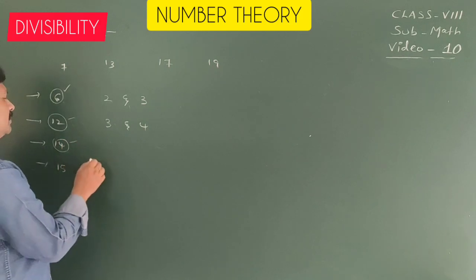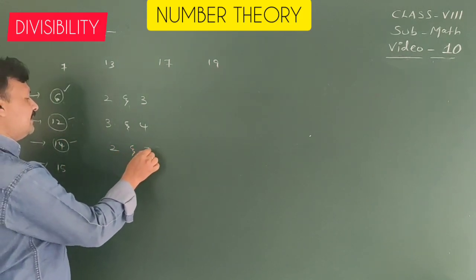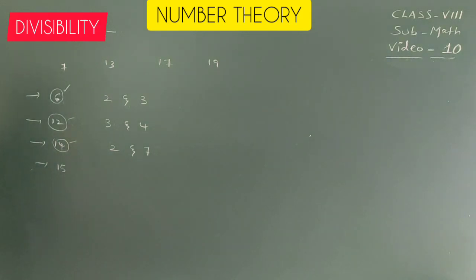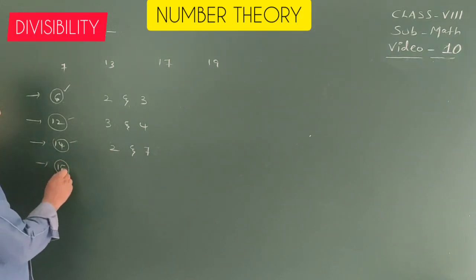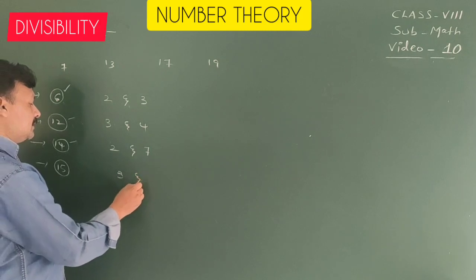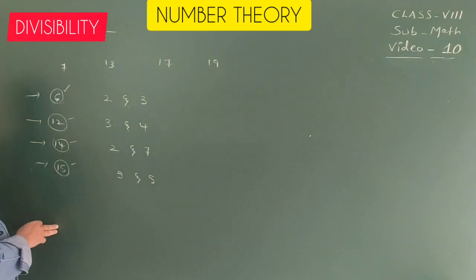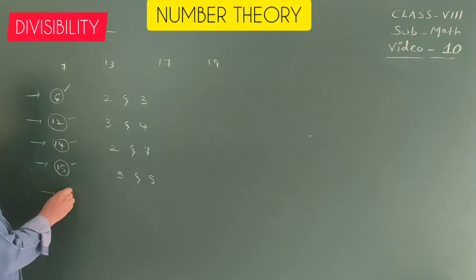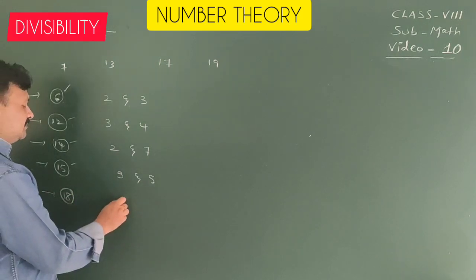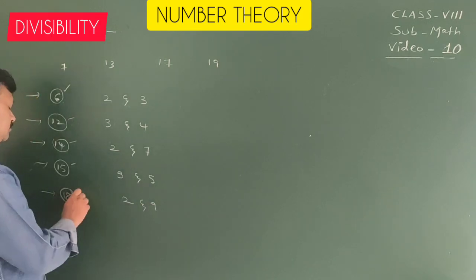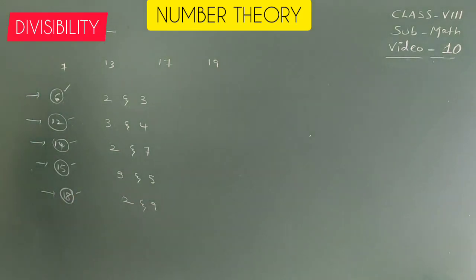If a number is divisible by 2 and 7, then the number is divisible by 14. If a number is divisible by 3 and 5, then the number is divisible by 15. For 18 also we can say, if a number is divisible by 2 and 9, then the number is divisible by 18.